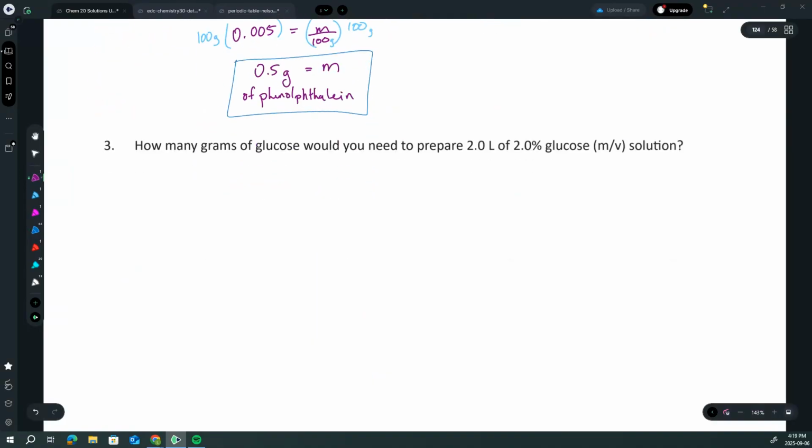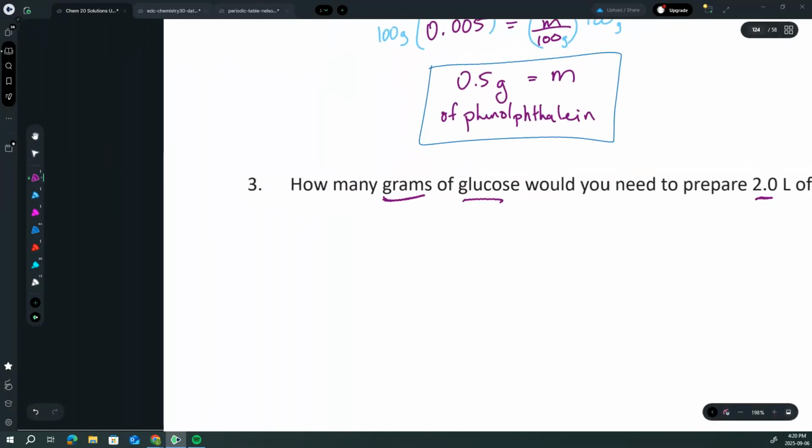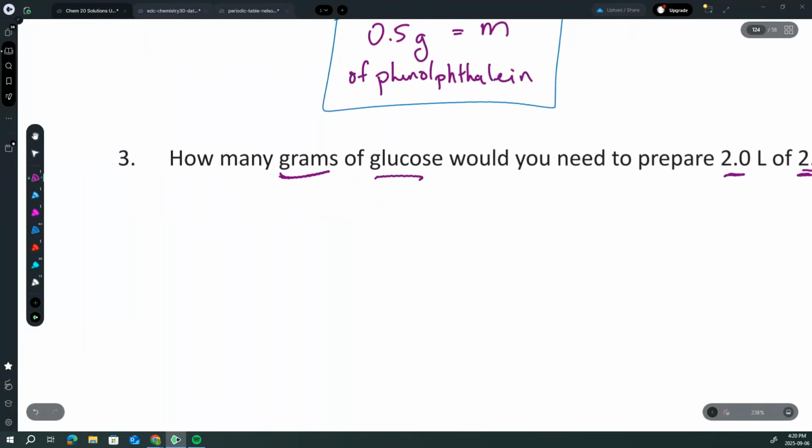All right. How many grams of glucose would we need to prepare a 2-liter solution of 2% glucose mass by volume? All right, so let's write out our givens. Volume, that's 2 liters.